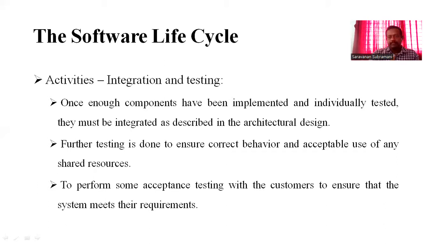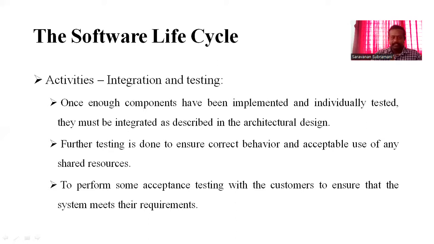After completion of the above activities, they enter the integration and testing phases. Once enough components have been implemented, they go through individual testing and must then be integrated as described in the architectural design.